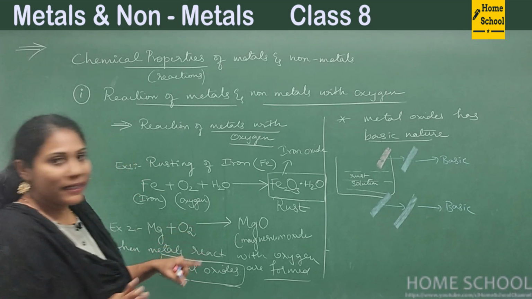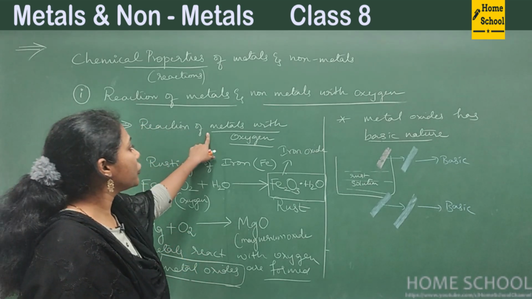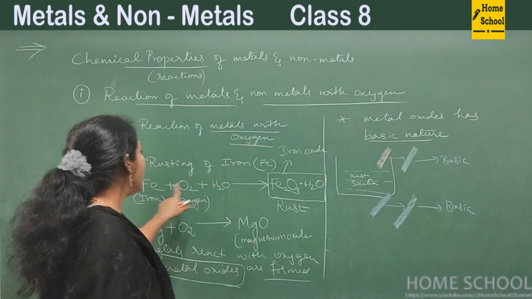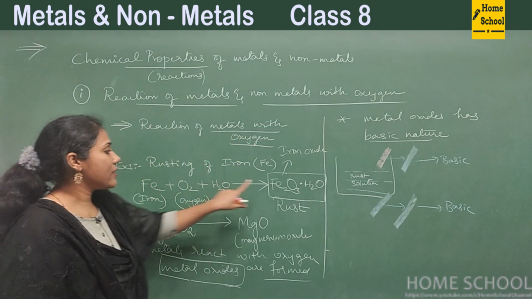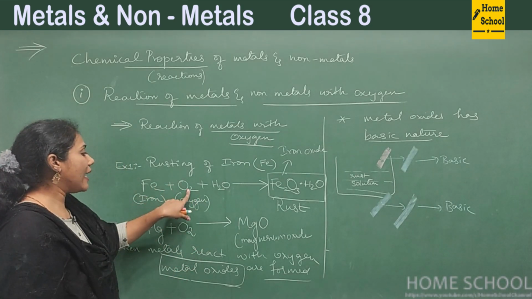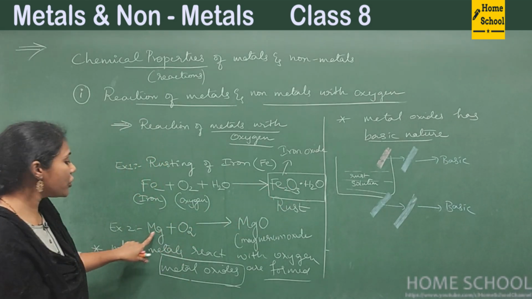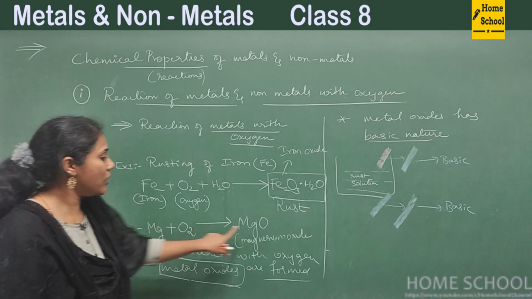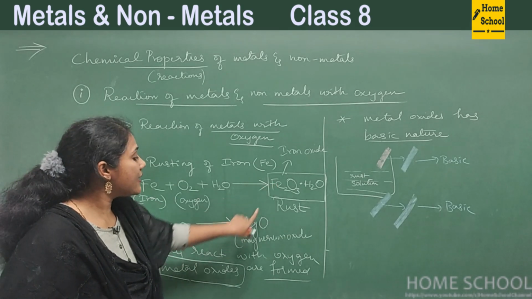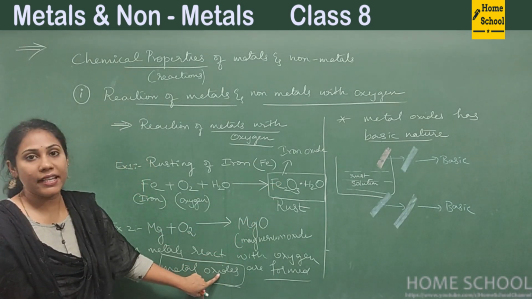Okay, so let me recall once again what we have studied. We studied the reaction of metals with oxygen. So when metals react with oxygen, two examples we studied. Iron when reacted with oxygen and water, you got this. Magnesium when reacted with oxygen, you got this. So these commonly we can call metal oxides.